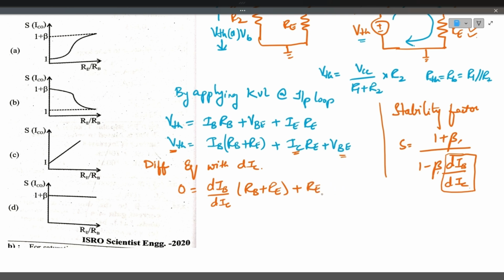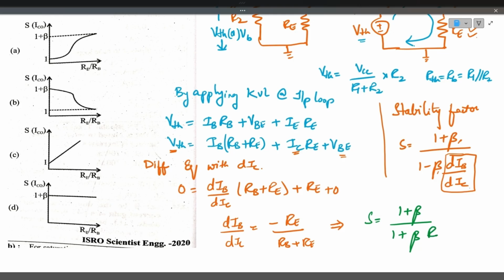VBE is a constant, so it becomes 0. So dIB by dIC is minus RE divided by the base resistance RB plus RE. If you substitute this value in S, you get the stability factor S equals 1 plus beta divided by 1 plus beta times RE divided by RB plus RE.